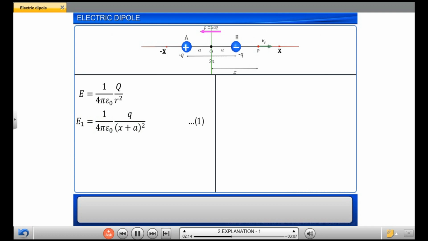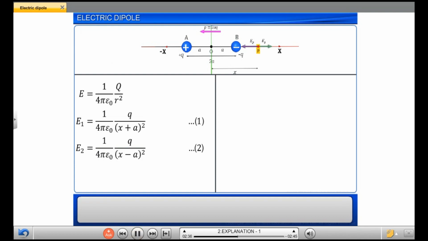Similarly, the magnitude of the electric field strength E2 due to the charge -Q is equal to 1 by 4 pi epsilon naught Q by (x minus a) square. Let this be equation 2. The direction of this electric field is in the direction of the dipole moment.